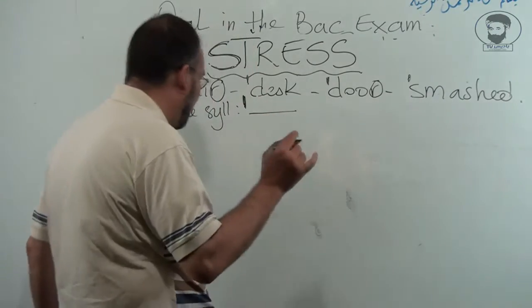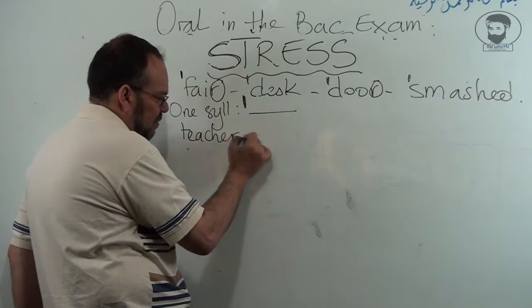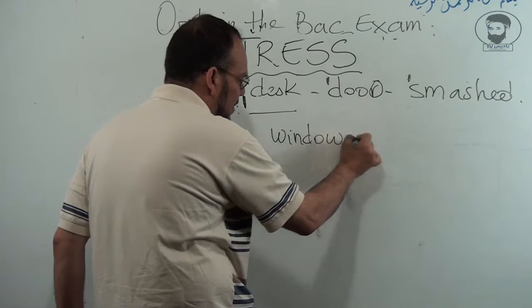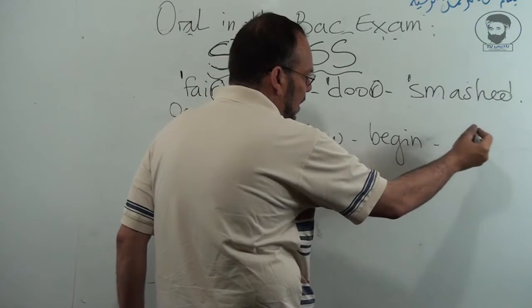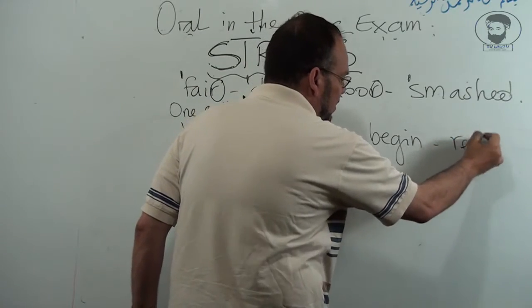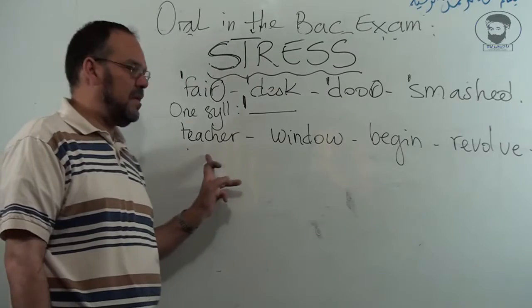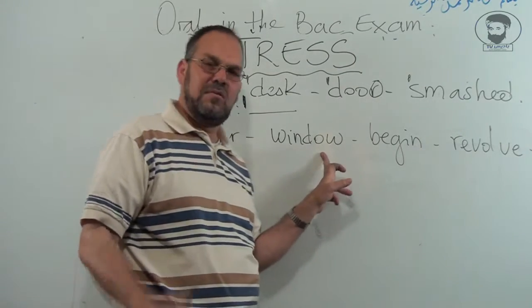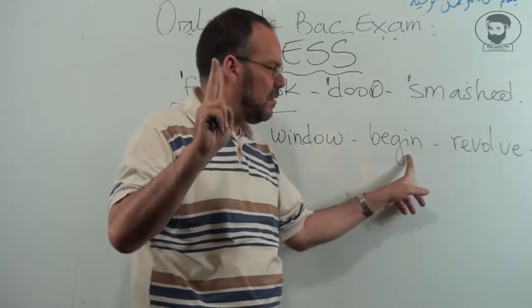Now, when we have two syllables, like this verb, this word, and this one. Teacher, two syllables. Window, two syllables. Begin, two syllables.